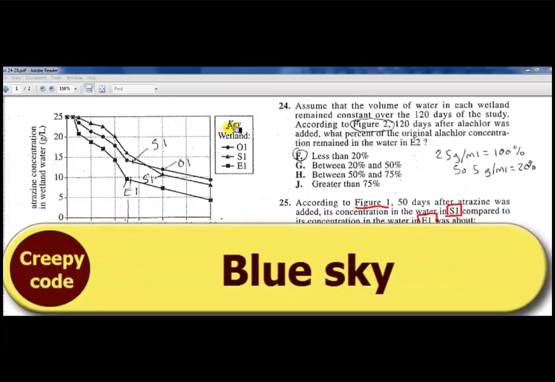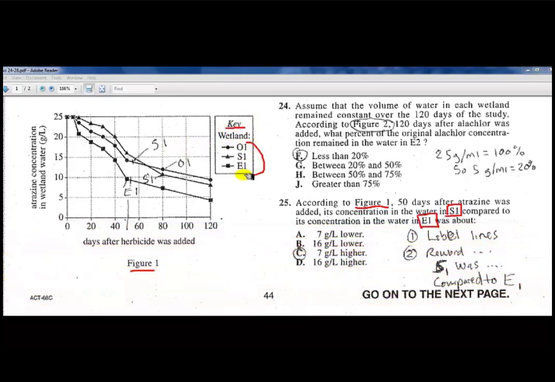Here's the key. I took this information and went ahead and just made it easier to see and just simply labeled it. We need to know about E1. So E1 is the rectangle right here. So I just basically wrote it in, E1. And S1 is the triangles. Triangles are up here. So here is our S1.